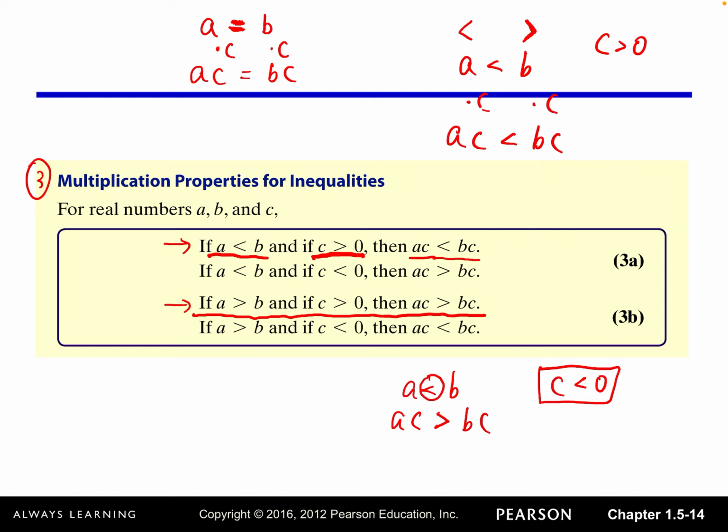The original is less than; after multiplying both sides by a negative number, you flip the symbol to greater than. The same applies if the original is A greater than B: after multiplying by a negative number, you flip to less than. That's the only difference between the multiplication property for inequality and the multiplication property for equations.